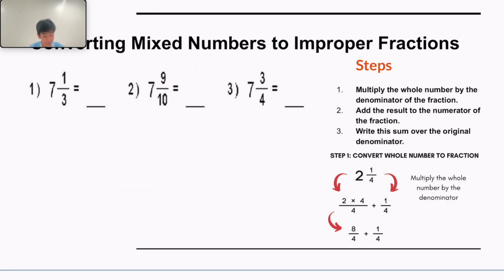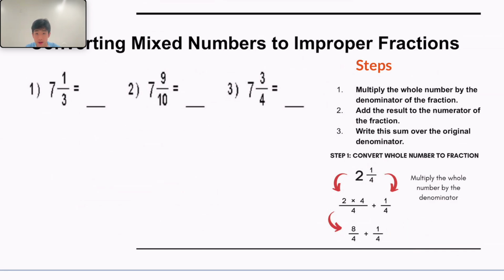What does this mean? Let's take a look at this example here. You multiply 2, the whole number, by the denominator 4, and you add the numerator, which is 1. So 2 multiplied by 4 is 8, and you add 1 is 9. So this equals 9 over 4.